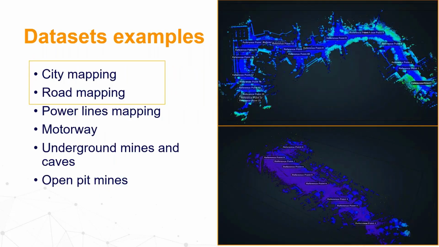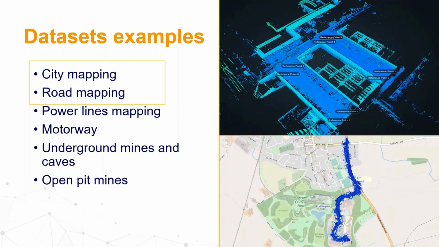Some of the data examples that we have had so far, captured and successfully processed through adjust to control: city mapping and road mapping, quite a few examples either by ourselves or by our dealers, where we wanted to see the impact on the open loop. So here are a couple of scans around the housing estate and the office estate as well. Closed loops and open loops are working quite well, both of them.